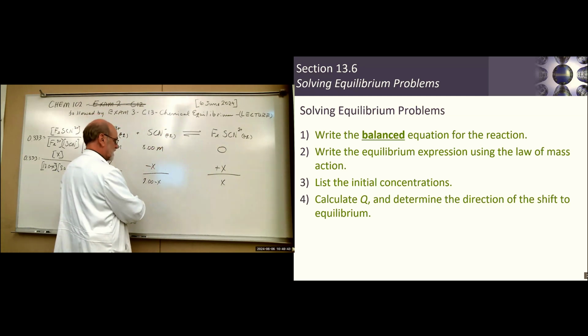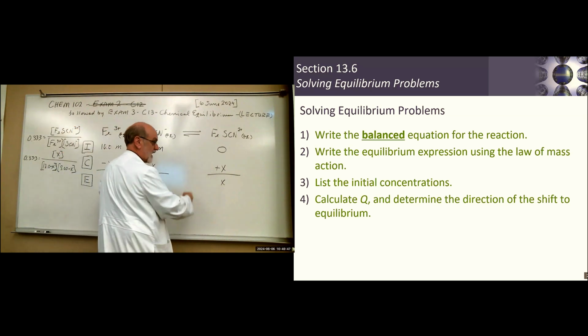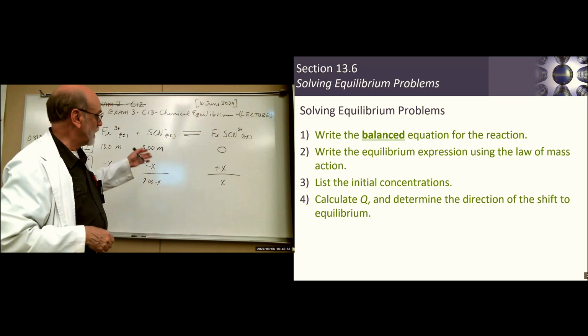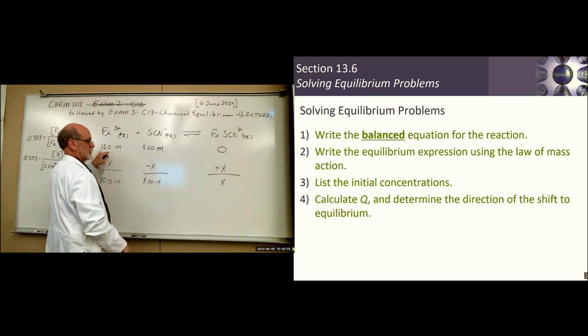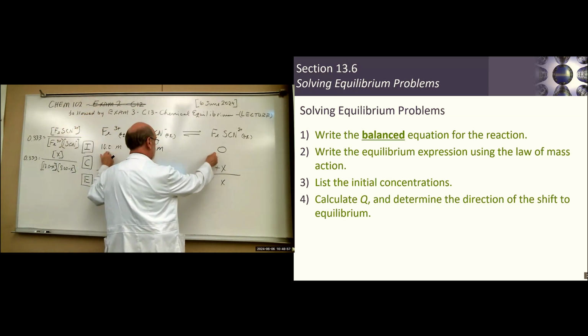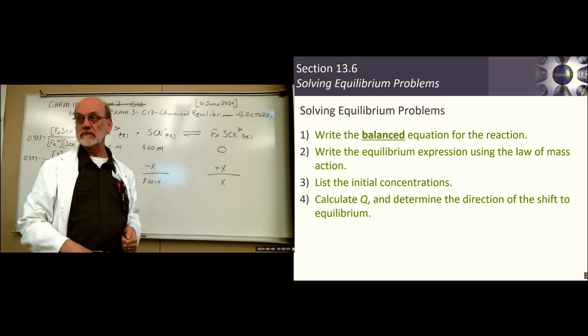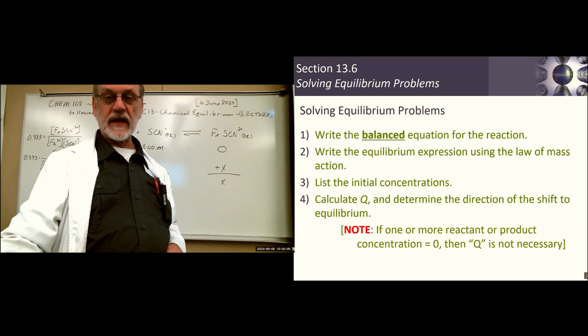Because that says, if it's going to move this way, then these are going to be pluses, and that's going to be a minus. Okay? But if any one of them is 0, say if you have a value here and this one's 0, but you have something here, then you know it's going to move that way. It's going to move toward the 0. Those are the ones I like because I don't have to calculate Q.